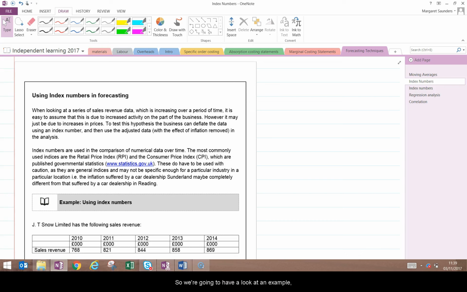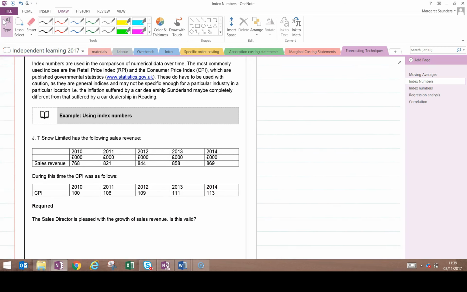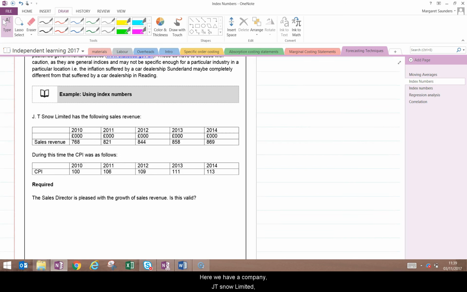So we're going to have a look at an example and how we can use the index numbers. So here we have a company, JT Snow Limited, and they have a time series, a series of data over time. The data is sales revenue and it is over a 5-year time period.